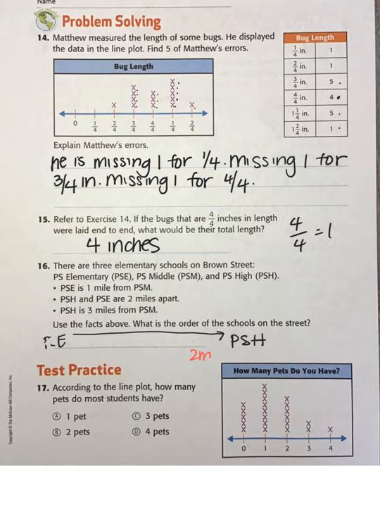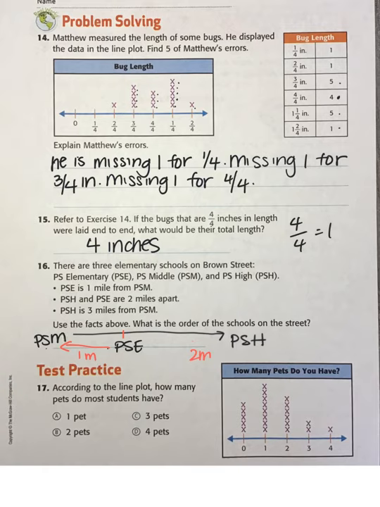And I'm actually going to move PSE a little bit further down just to have more room. That's going to be PS Elementary School. Okay, so I still have 2 miles from the elementary school to the high school. But now I need to go the other way, 1 mile, and that would be the middle school.